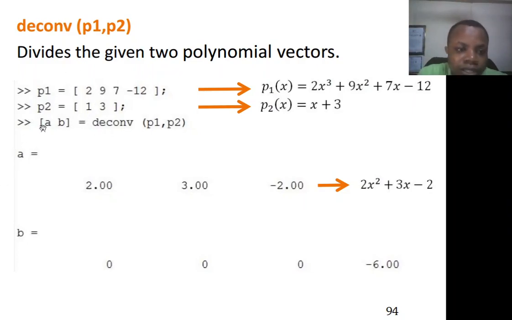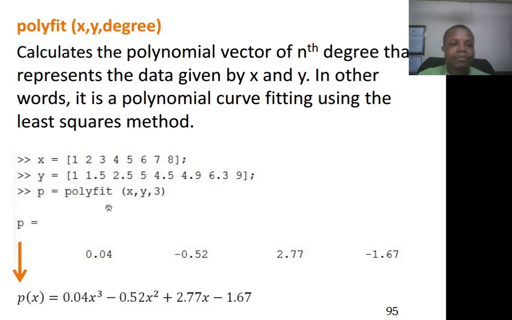So in this case, you have to specify two output parameters, A and B, where the first one is going to give you the quotient, and the second one is going to give you the remainder. Or better still, if you just enter the function with p1, p2, it's just going to give you these two straight away.